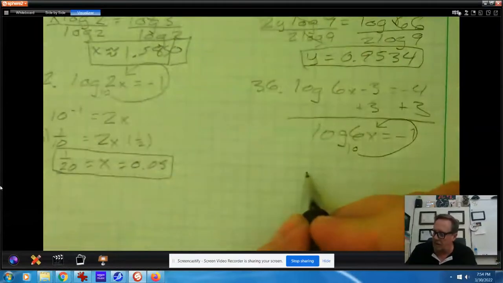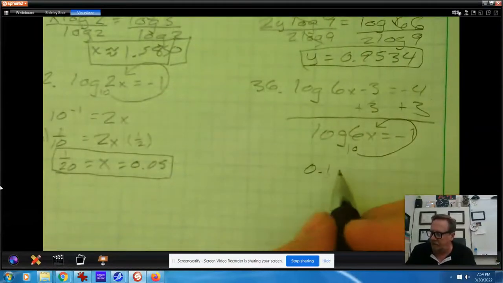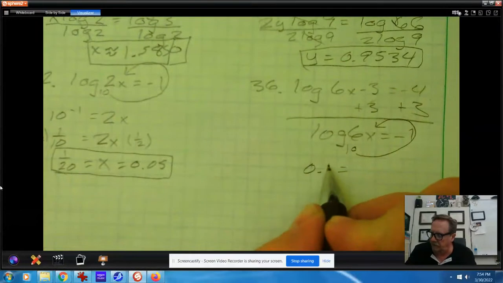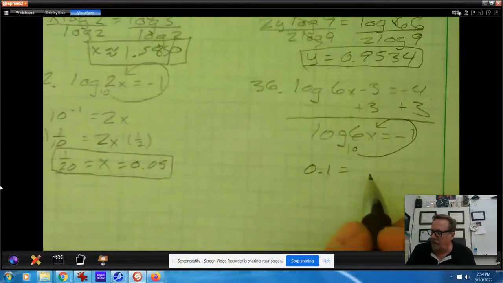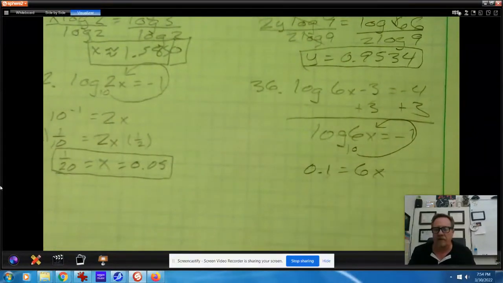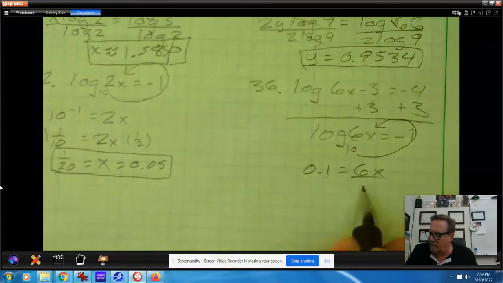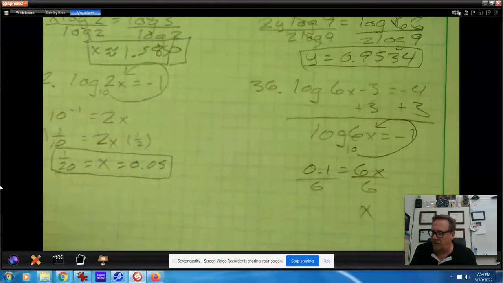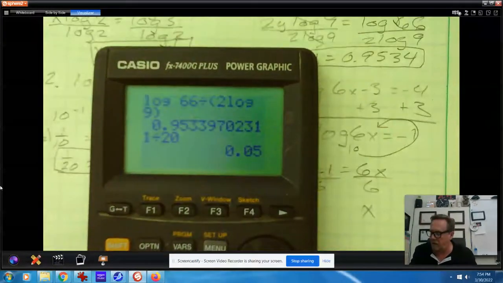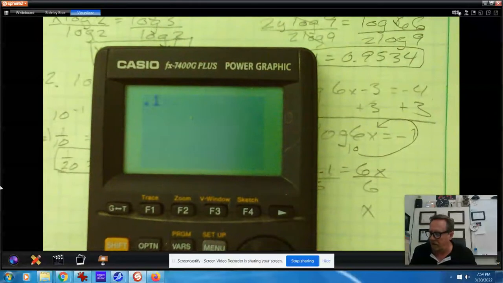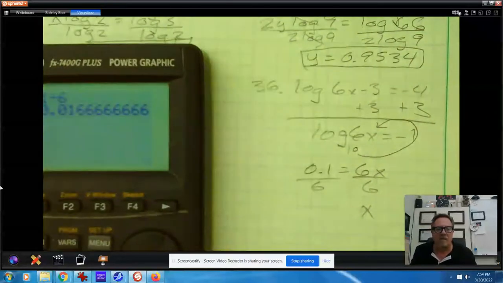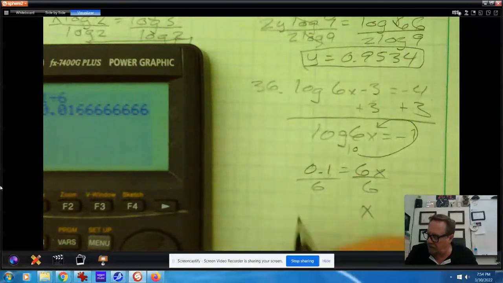Hopefully you all know that 1/10 is 0.1. That is equal to your 6x, right? And then we can divide both sides by 6. 0.1 divided by 6 gives us 0.016 repeating.